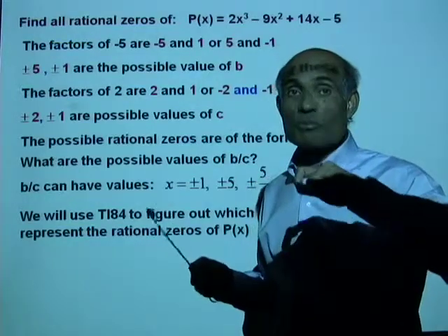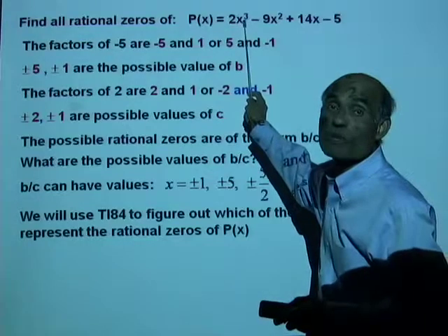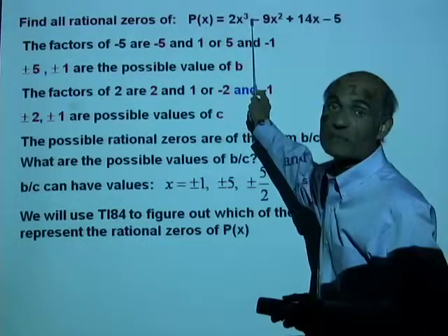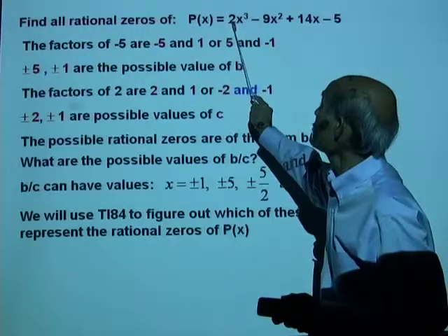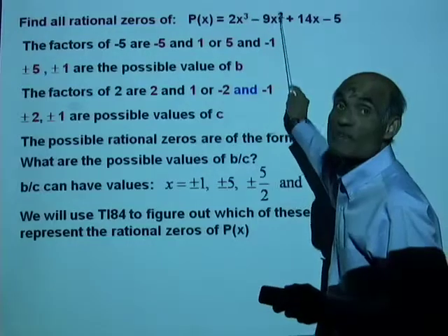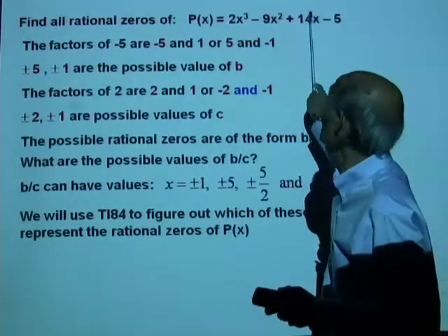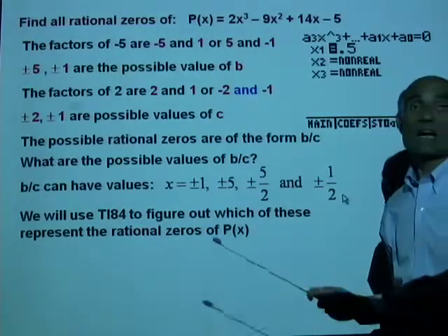Then enter a couple of times and enter the degree of the polynomial and enter. And on the next screen, enter your a3 equal to 2, a2 equal to -9, a1 equal to 14, a0 equal to -5, and solve.